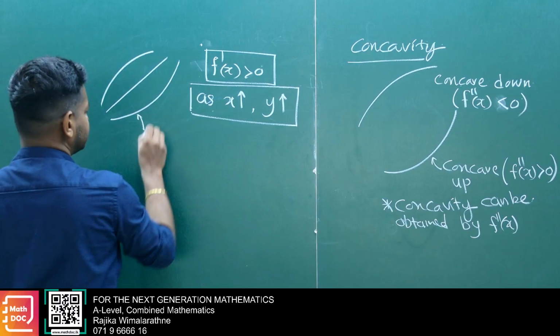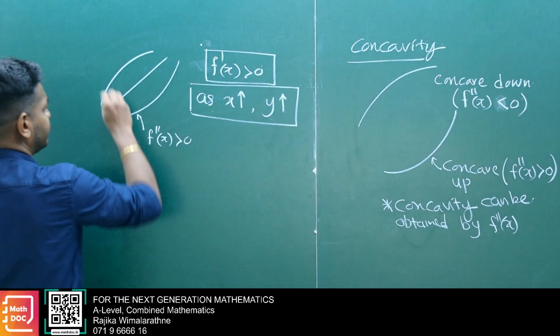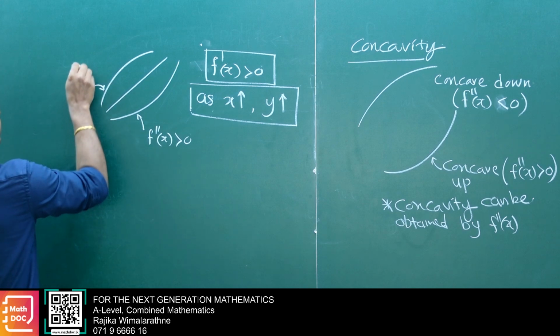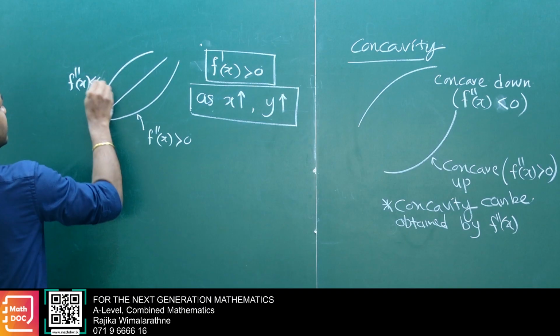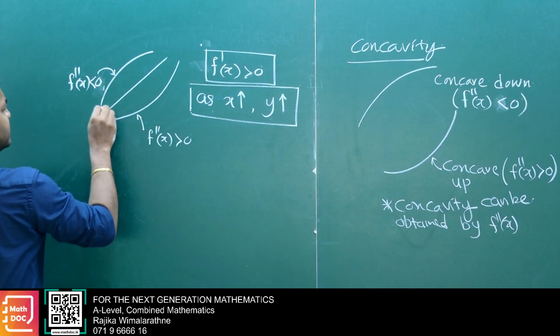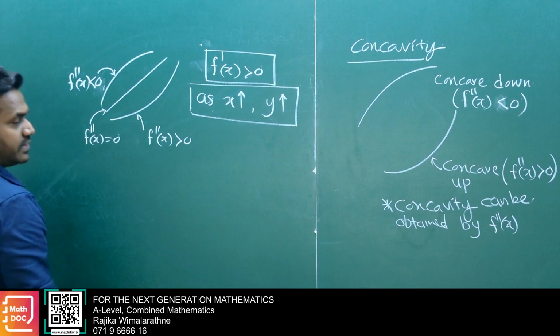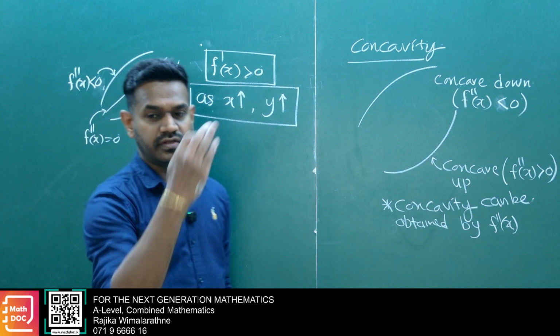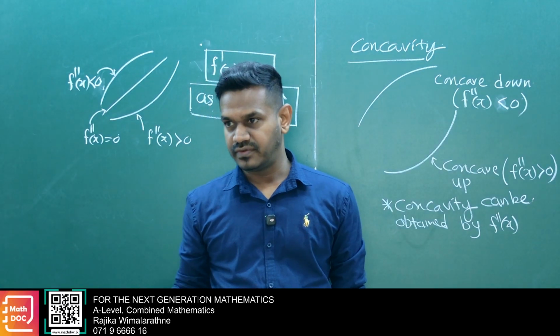Here in this case, especially, f double dash x is positive, and for this case f double dash x is negative, and here in this case f double dash x is 0. Then it is a constant gradient, so when we differentiate the gradient again we get 0.